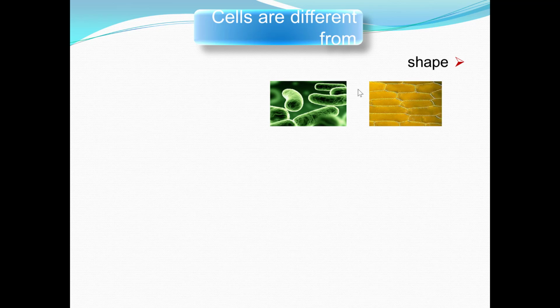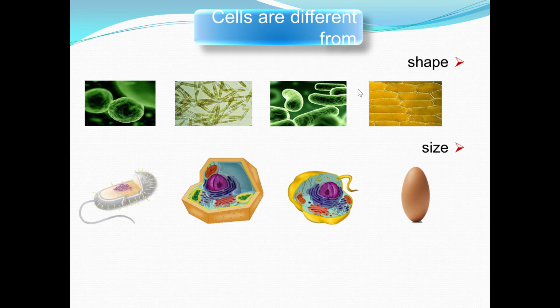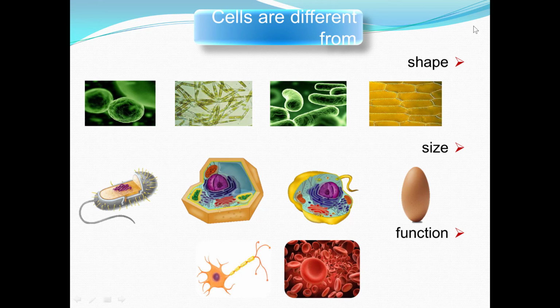So cells are different in shape, size, and function. The shape of cells may be different. For example, the cell of our skin, our stomach, and the cells of plants are so different in shape and size also.